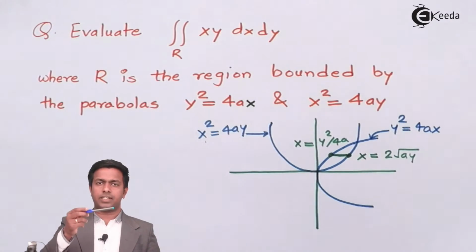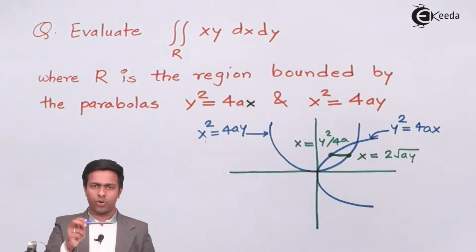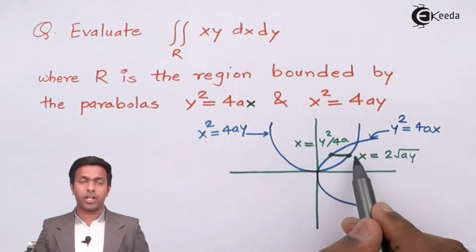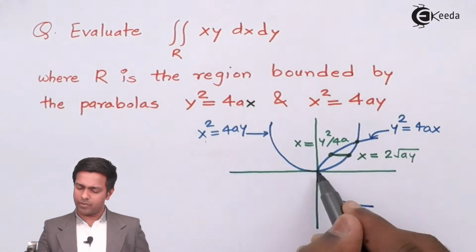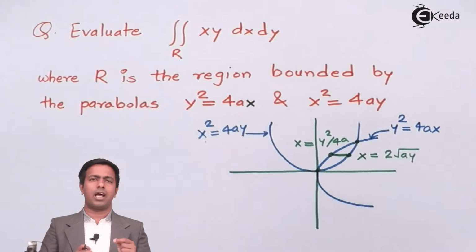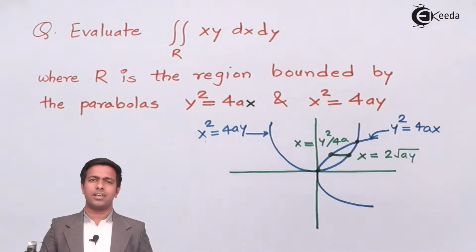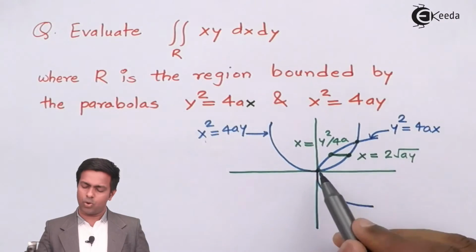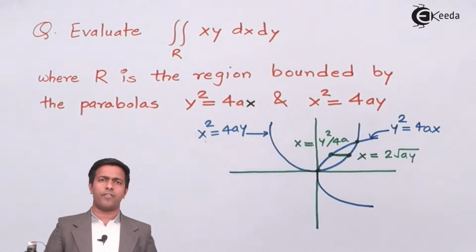Let's say if this strip is going upwards, what is the last point where it will go? And if it is going downwards, what is the last point it will go? So if it is going upwards, it will go till this point, and when it is coming downwards, it will come till this point, because these are the boundaries of our region. We are not going to consider the points which are outside the region. So these two are the points where our strip will reach, or these are the end points of our region.